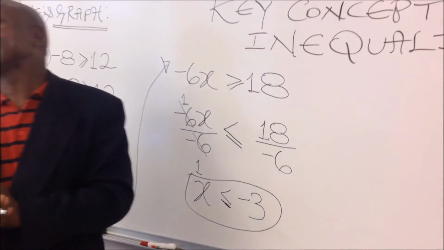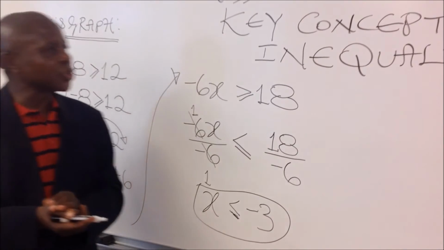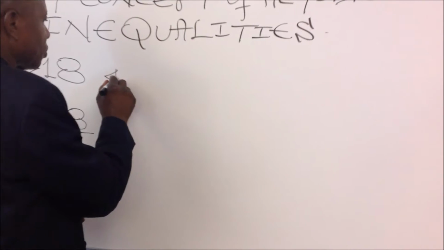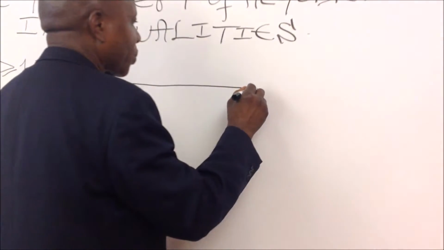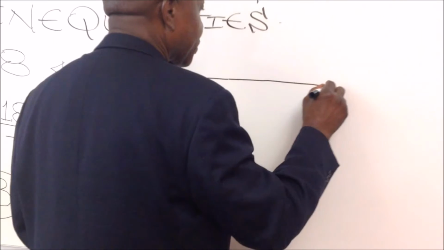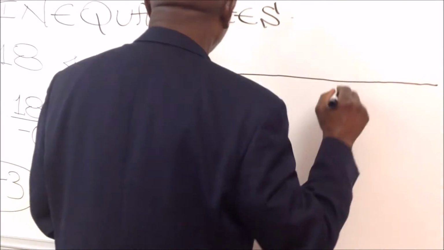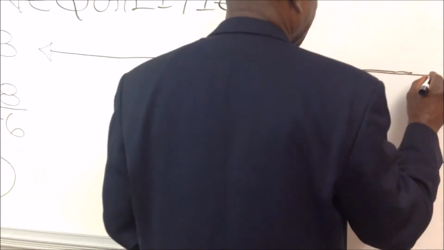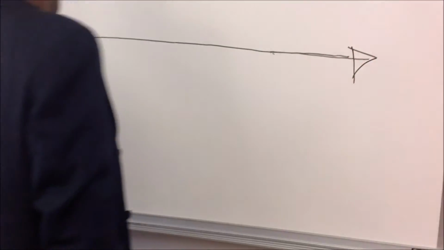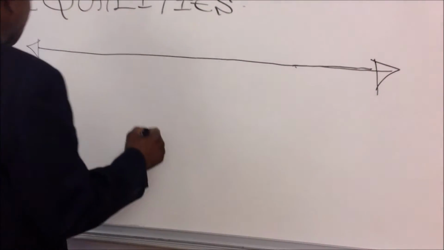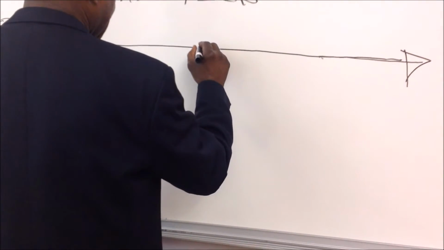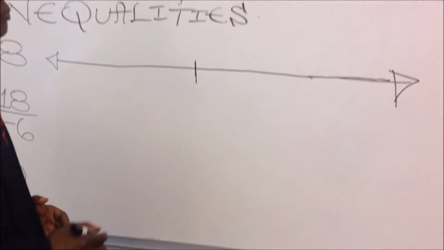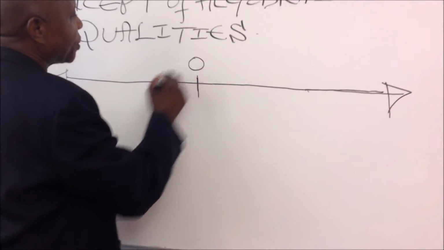Well, we must draw the real number line. Notice that we have the real number line. We are going to have a famous number known as what? The number 0.